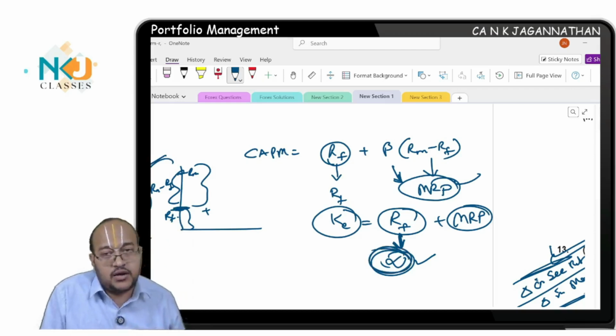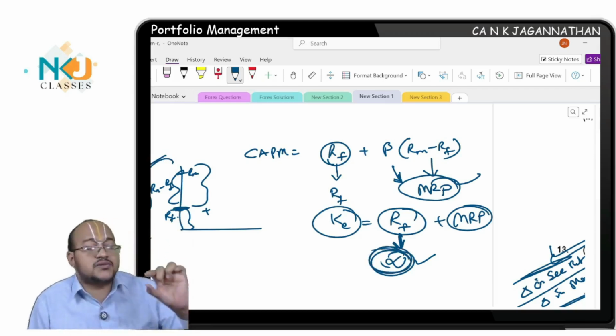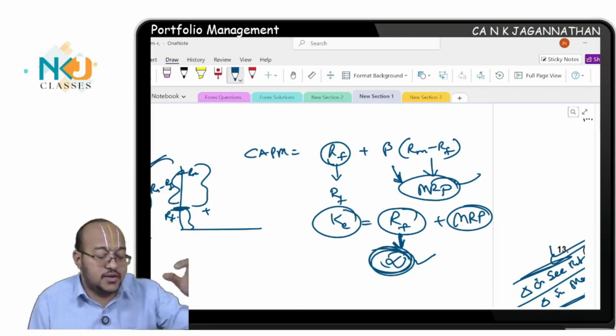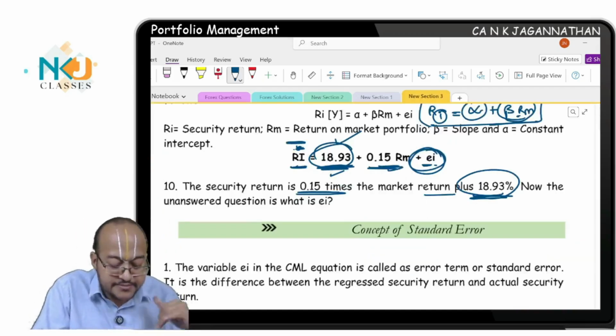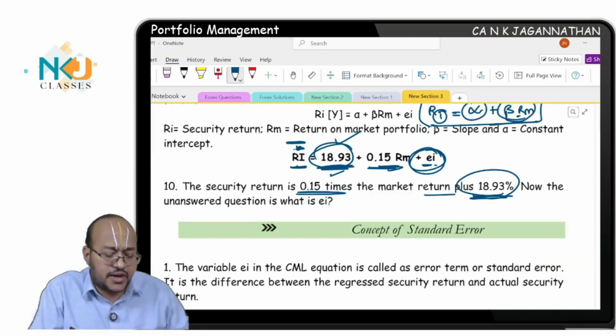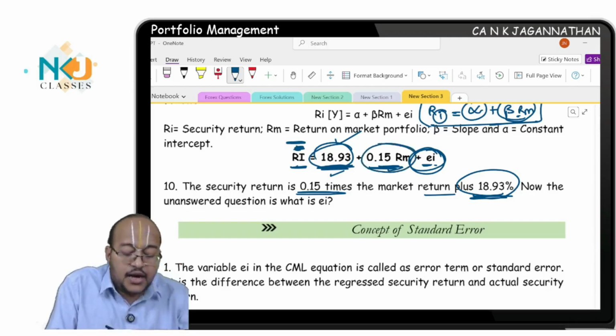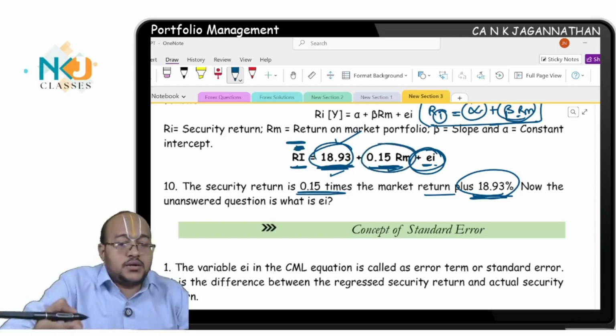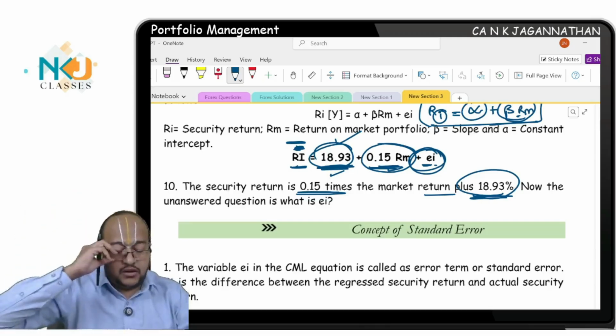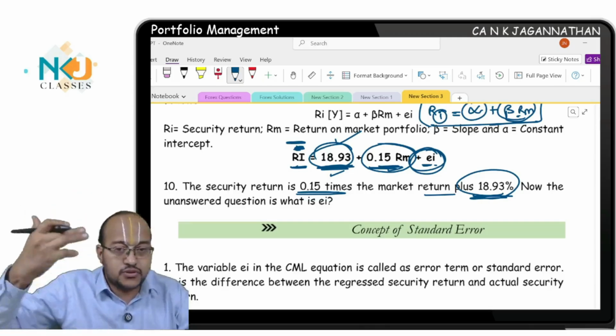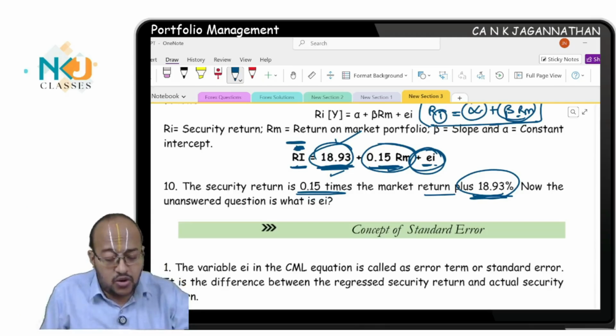It is called alpha. Instead of RF, we use alpha, the intercept. Now this is fine. So to compute the return of the individual security, it is nothing but alpha plus beta times the RM, which gives me the required rate of return for the individual security.